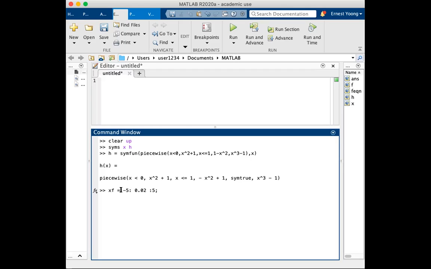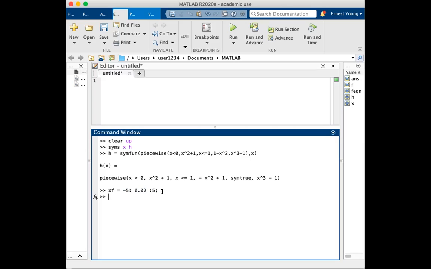This means we have the limit from -5 to 5, where the step size is 0.02. It means you start from -5, plus 0.02 is -4.98, then -4.96, and increase until 5.